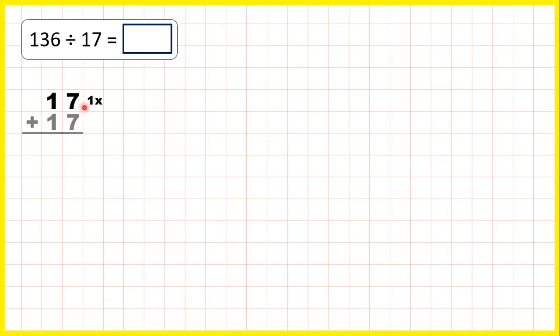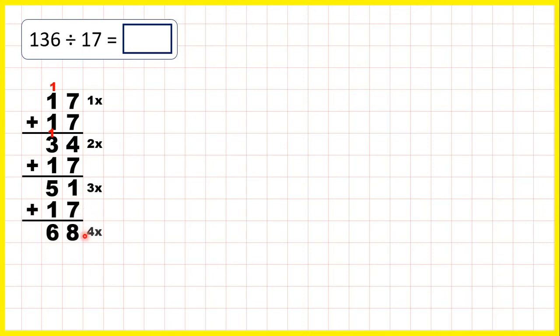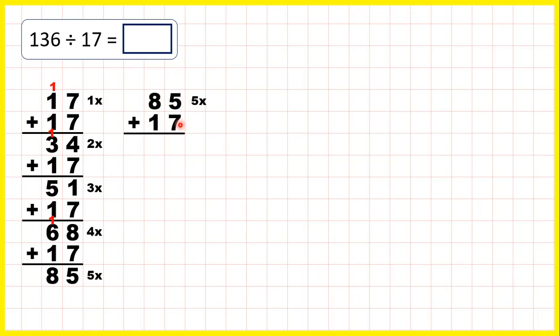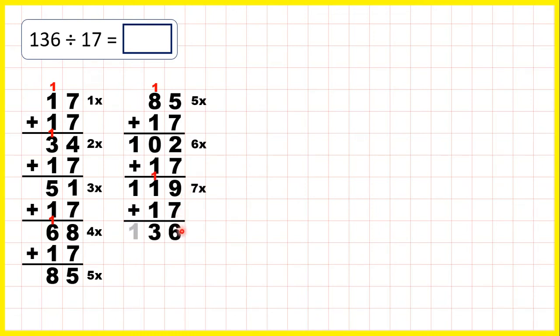Now 136 divided by 17. We can count up in 17s, so 17 is 1 times, add another 17, 34 is 2 times, 51 is 3 times, 68 is 4 times, 85 is 5 times, so if we take that 85 and add another 17, that gives us 102 for 6 times, 119 for 7 times, and 136 for 8 times.